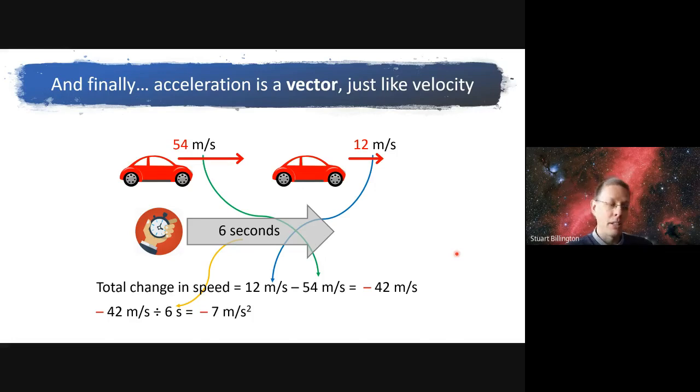And minus 42 divided by 6 is minus 7. So this car really is accelerating. Its speed is changing by minus 7 meters per second per second. Negative accelerations are decelerations. Acceleration is a vector, just like velocity.